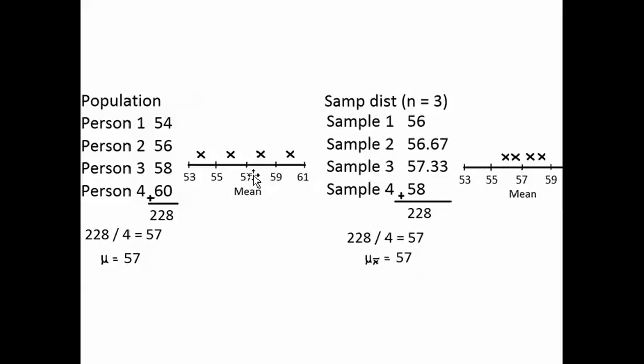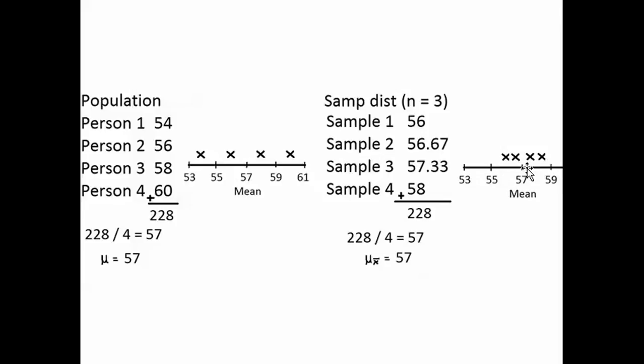So here's another visual of how the mean of the population equals the mean of the sampling distribution. This is just the same figure we looked at earlier. It's the heights of the 4 people in the population, and the population mean of 57 is at the center. Over here, these 4 sample means are the means of all of the possible samples of 3 people that could be selected.